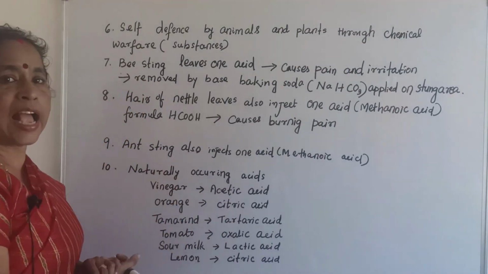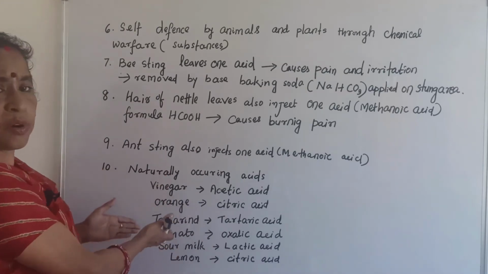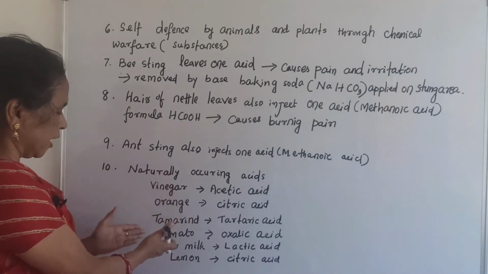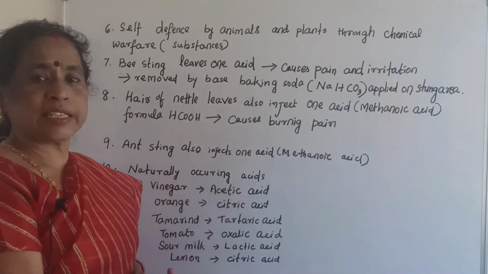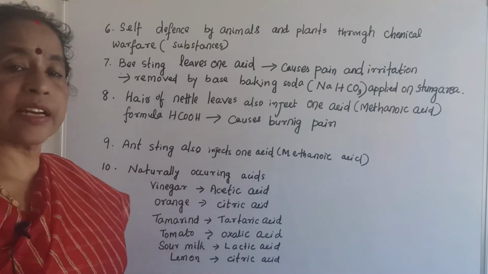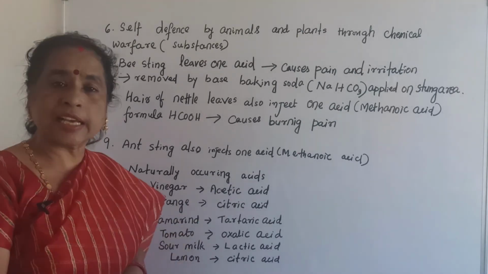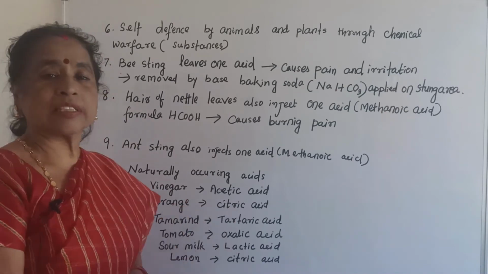Naturally occurring acids. Now you can see these are useful to us: vinegar, orange, tamarind, tomato, sour milk and lemon. Vinegar contains acetic acid, orange citric acid, tamarind tartaric acid, tomato oxalic acid, sour milk lactic acid, and lemon citric acid.